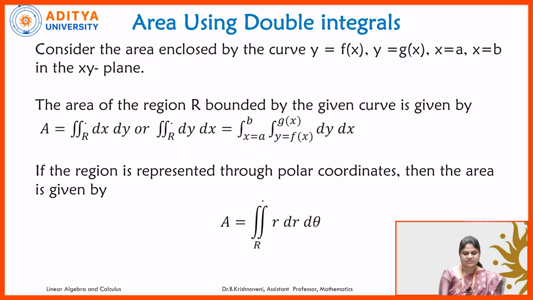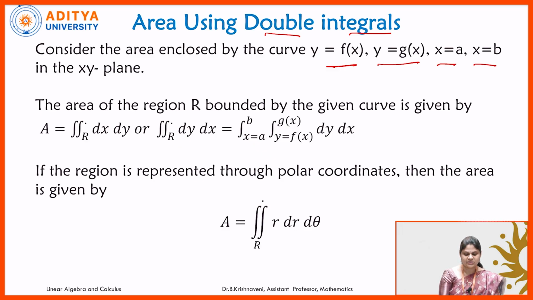Now first let's discuss the area using double integrals. Consider the area enclosed by the curves y = f(x), y = g(x), x = a, x = b in the xy plane.